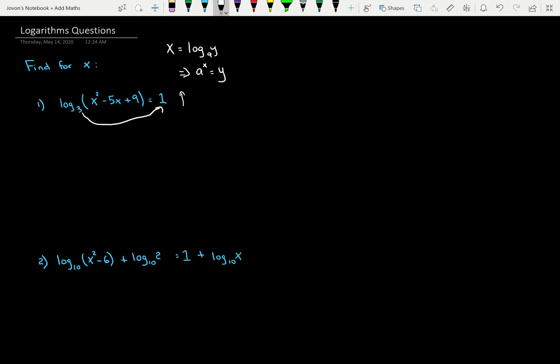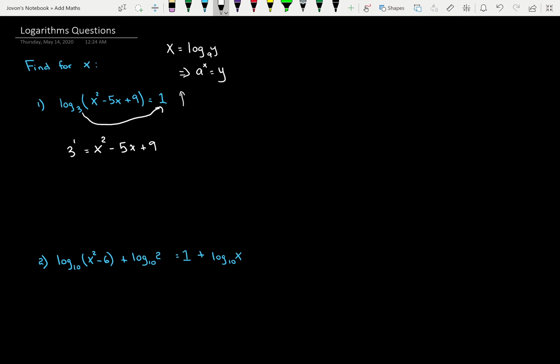Using that same logic, we could say here that 3 to the power of 1 is equal to x squared minus 5x plus 9. Now this is one way to look at it, and some people tend to find it difficult to see it this way.